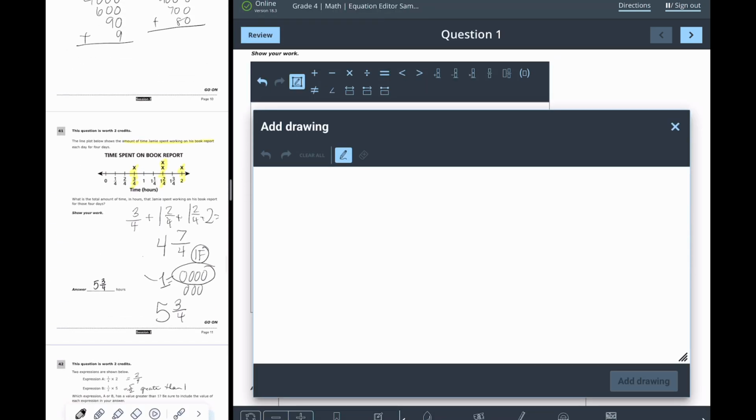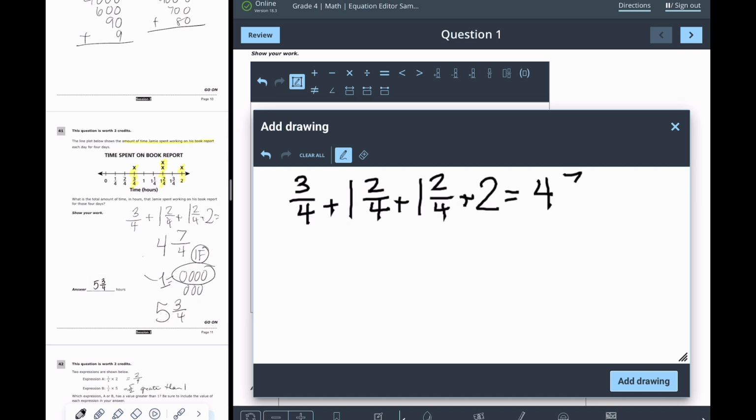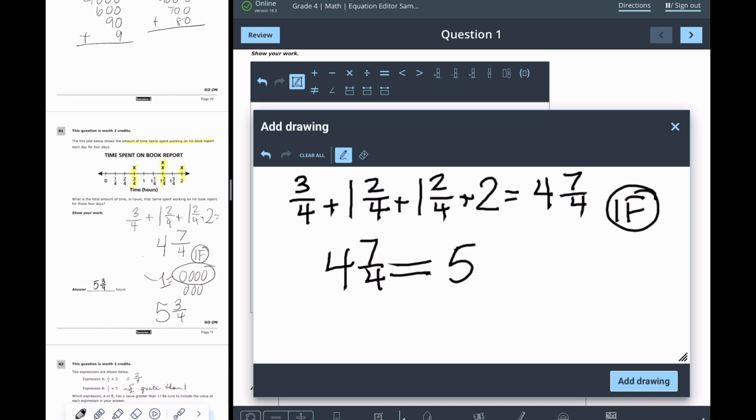And I might have to draw, here's 3/4. And I would just recopy what I did. And then, because I know this is an improper fraction, I would just put 7/4 is equal to 5 3/4. So that's one thing.